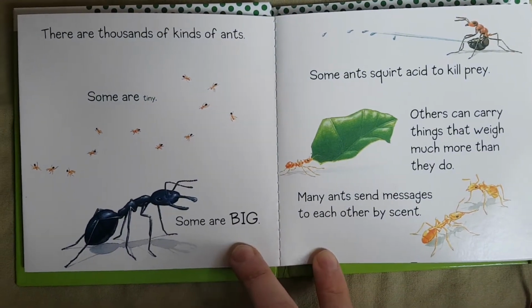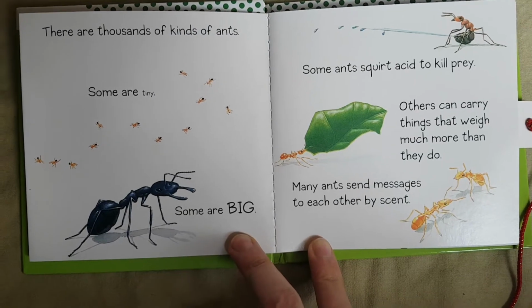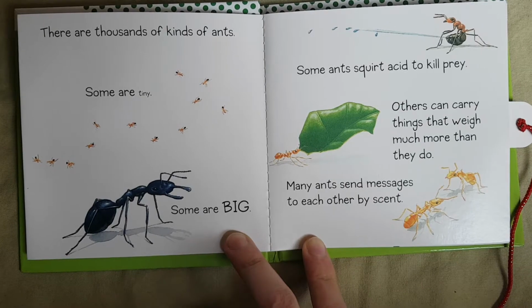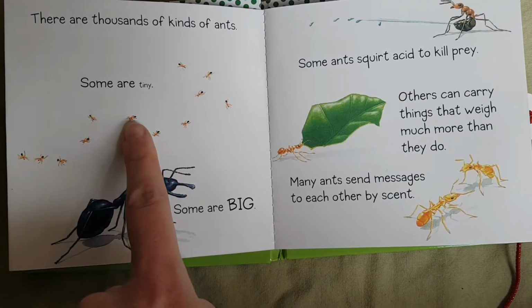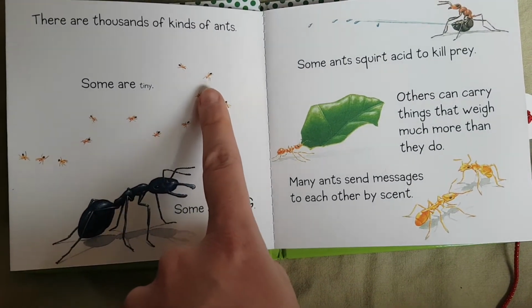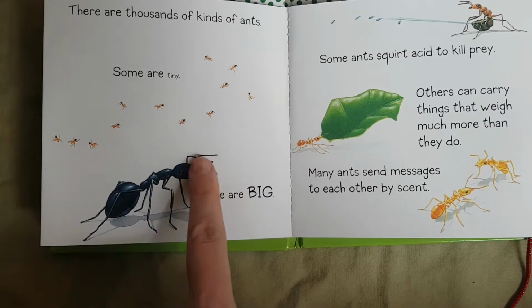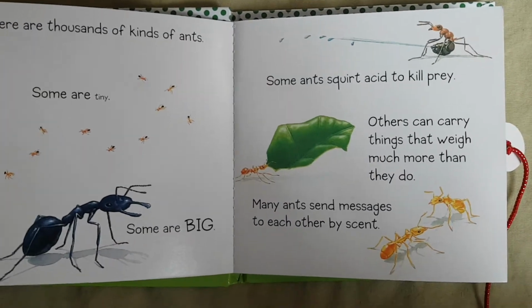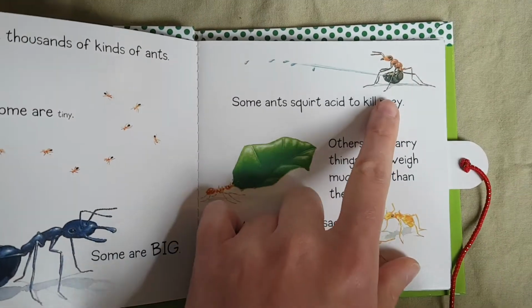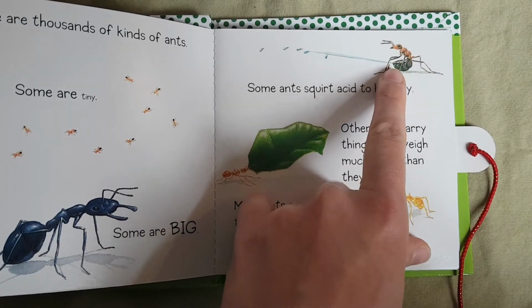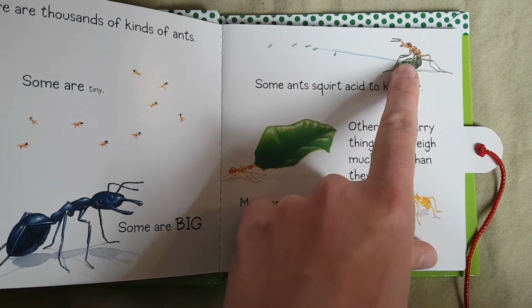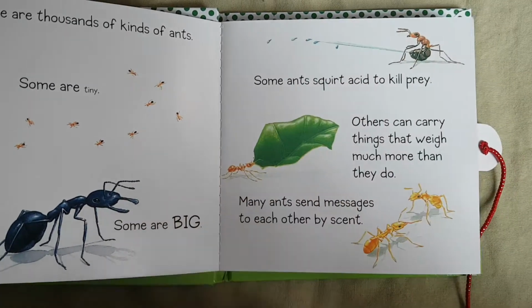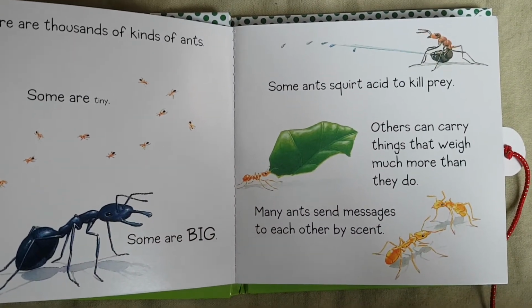There are so many kinds of ants, thousands of kinds of ants. Some ants are very tiny, like these ones, and some are big. Some ants squirt acid to kill their prey. So if they're hunting, they use this acid that comes out of their body to kill the thing they want to eat.